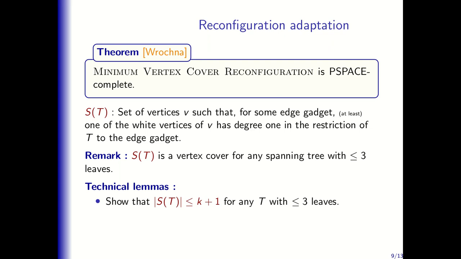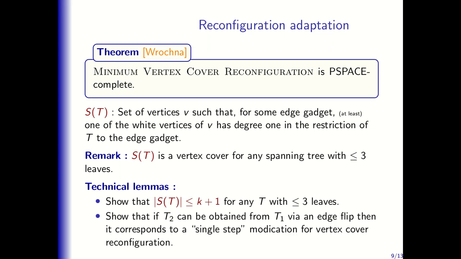So we need to bound the size to adapt the proof, and we can actually show that the size of S of T is at most k plus 1 for every spanning tree with at most 3 leaves. And what we also have to show is that if we perform an edge flip between two trees, then it corresponds to a single step modification for vertex cover reconfiguration.